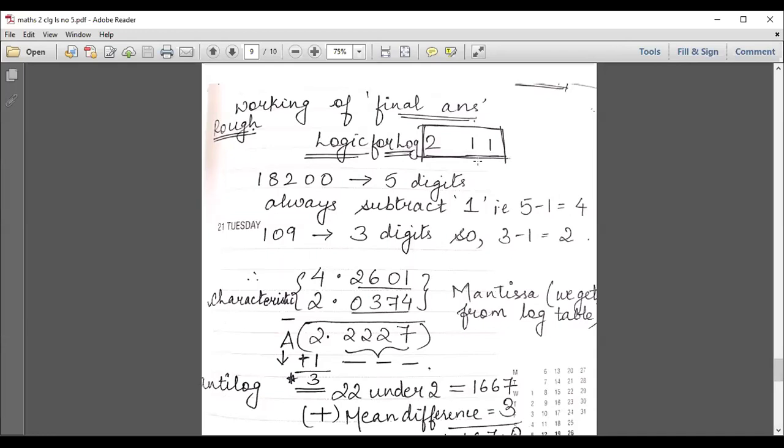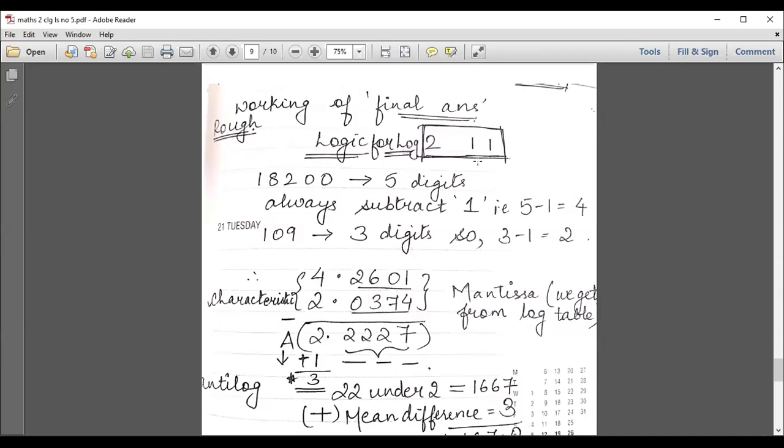2 stands for the first column. In logarithm, you will have 3 columns, as you all saw; practically I'll teach you also. In the first column there is a 2-digit number, and log starts from the digit 10. From 10 to 99, all the digits will be there in your first column. Then you have the second column, 211, divided into 3 parts. 1 means you will have a series of columns from the digit 0 to 9.